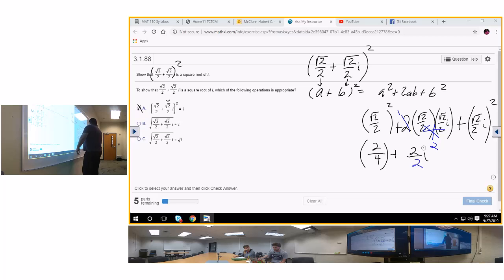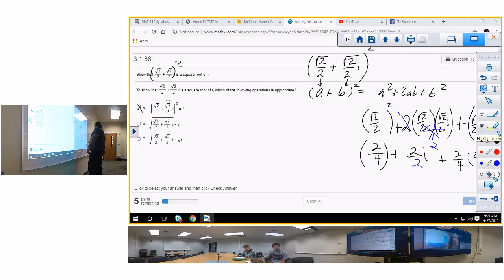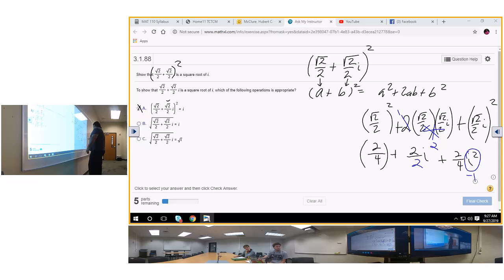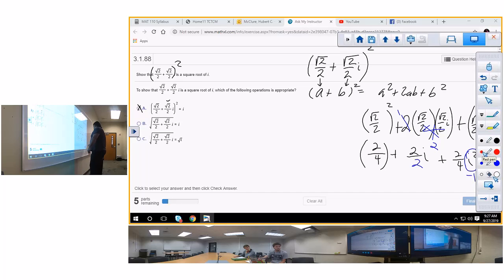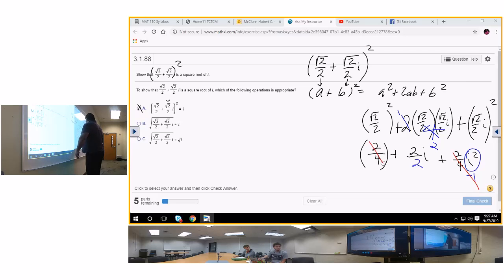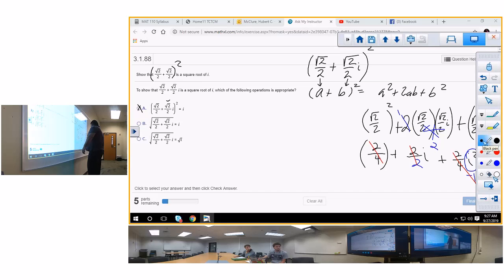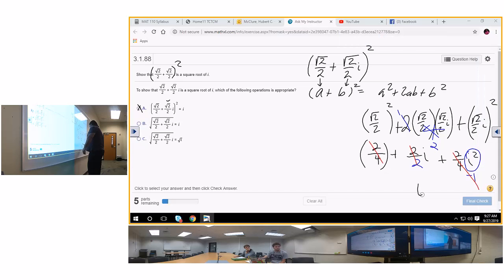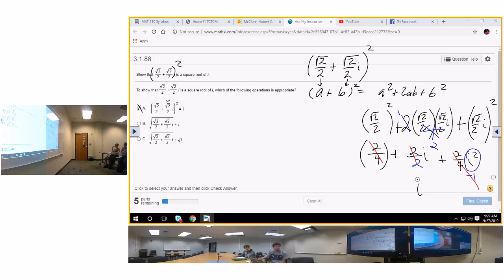And then over here we get plus 2 over 4 i squared. And what does i squared turn into? Negative 1. So the 2 fourths cancel, and you're left with i. And that's how you prove that all of that is equal to i.